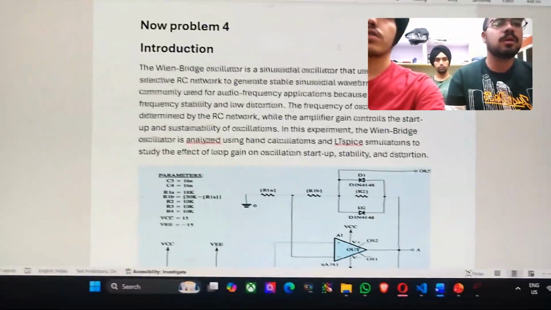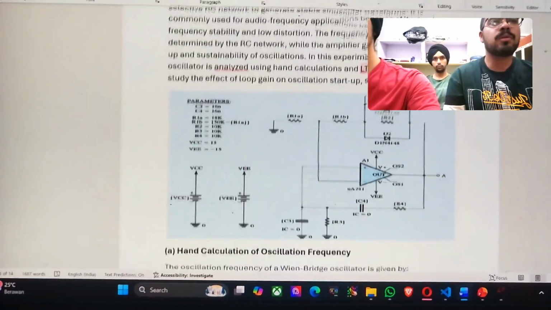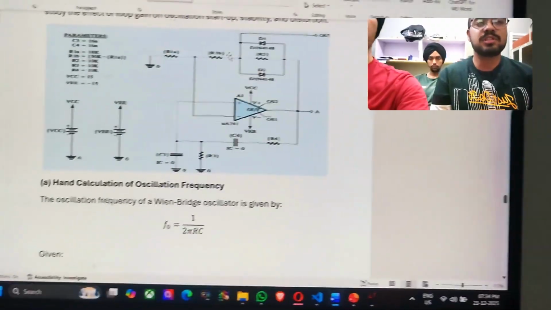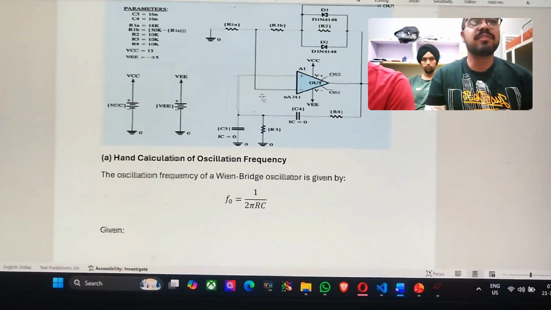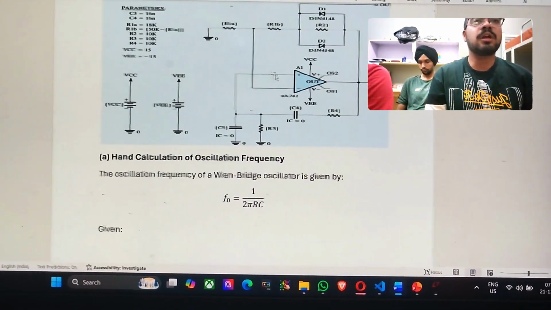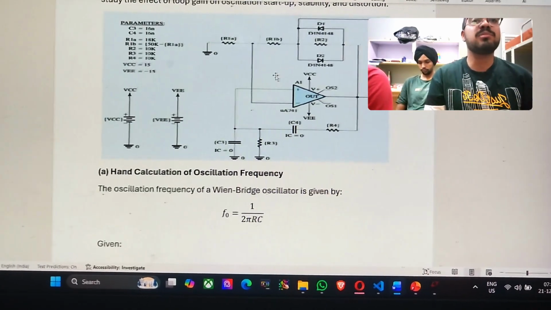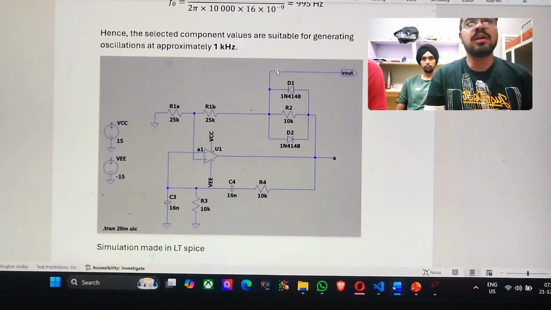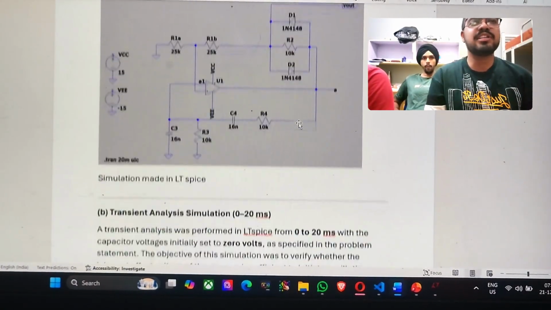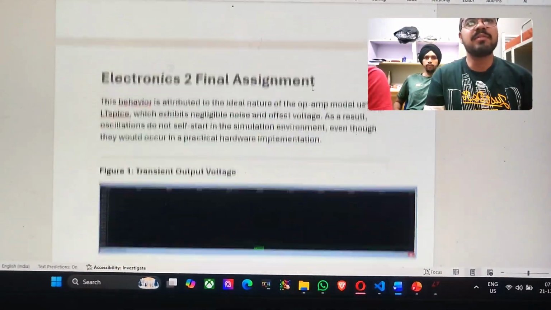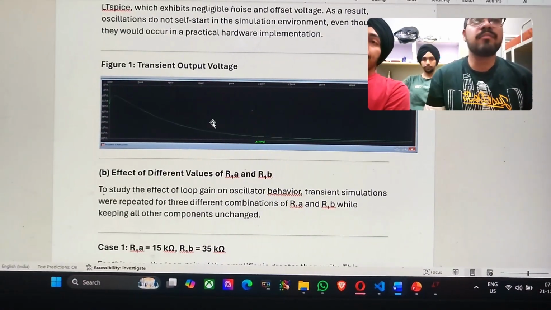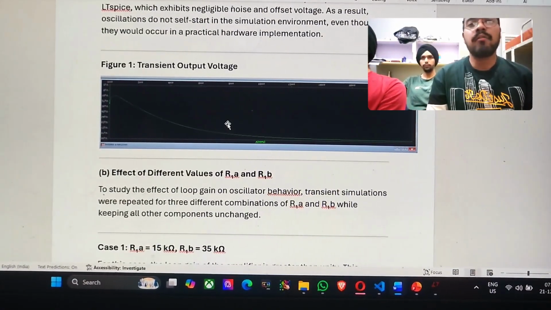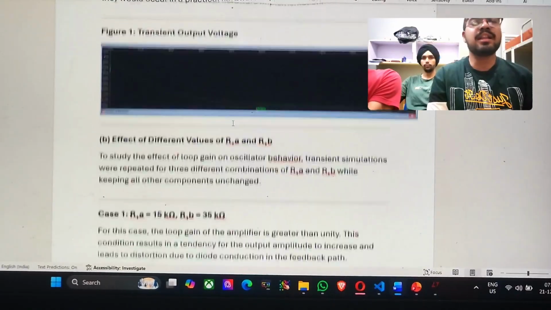Now here is problem 4. In problem 4, we have been given that we have to make this simulation, and after that put 3 different values in the simulation and take out the results. This is the simulation made in LTSpice, and this is the first output when the values are 18 and 32.